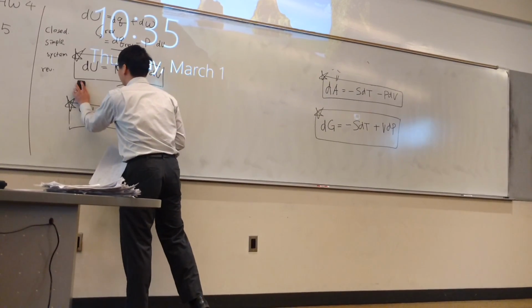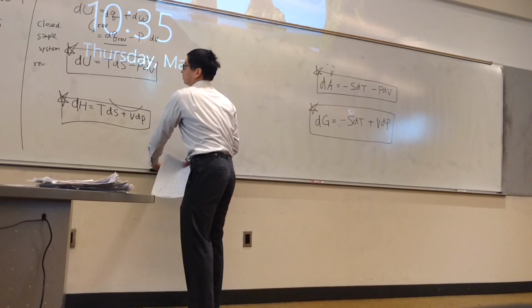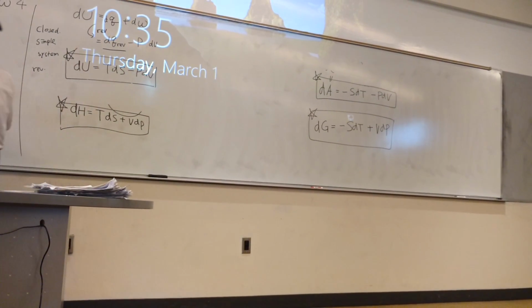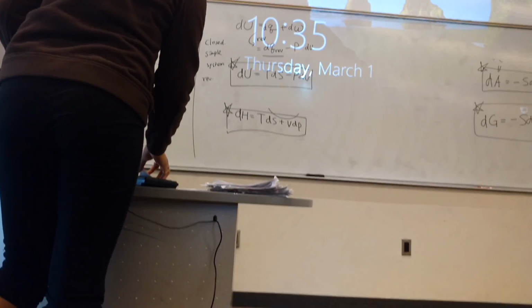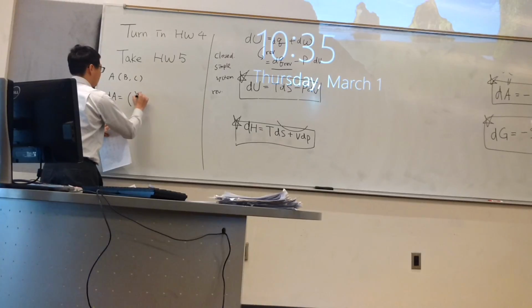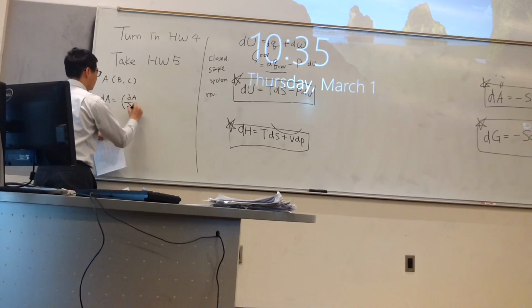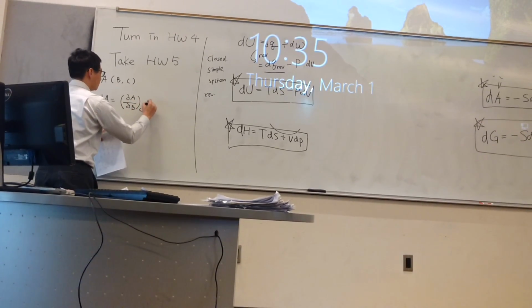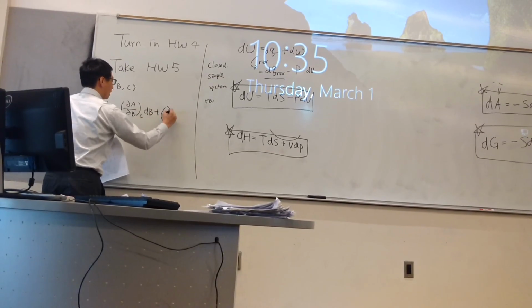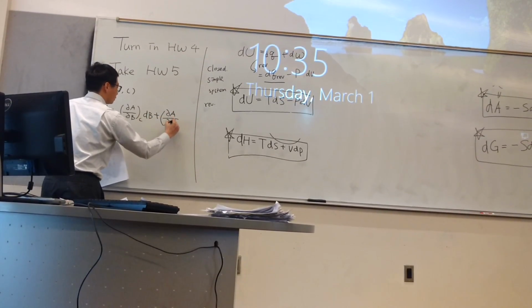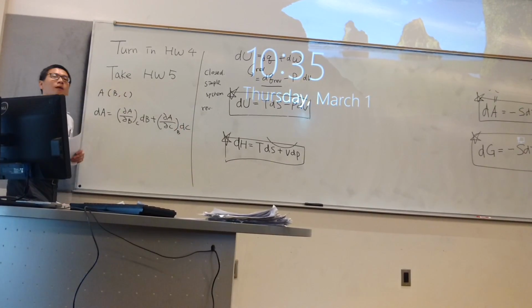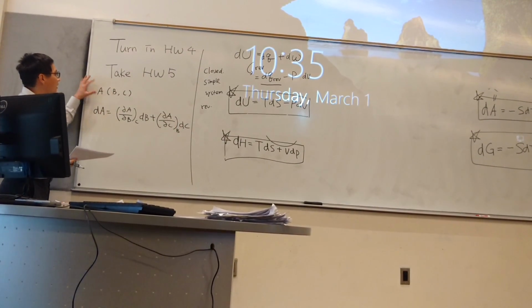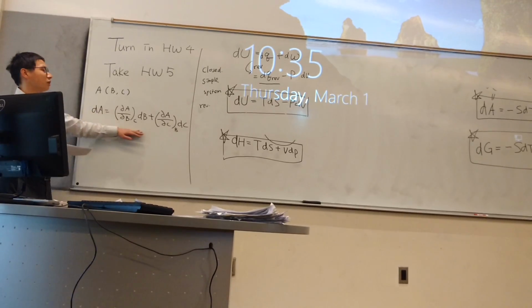Anyone remember what exact means? If A is a function of B and C, then dA can be written as partial A, partial B at constant C dB, plus partial A, partial C at constant B dC.